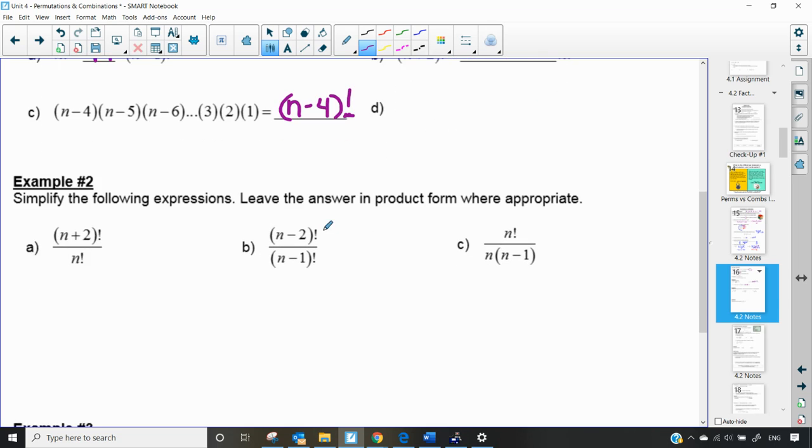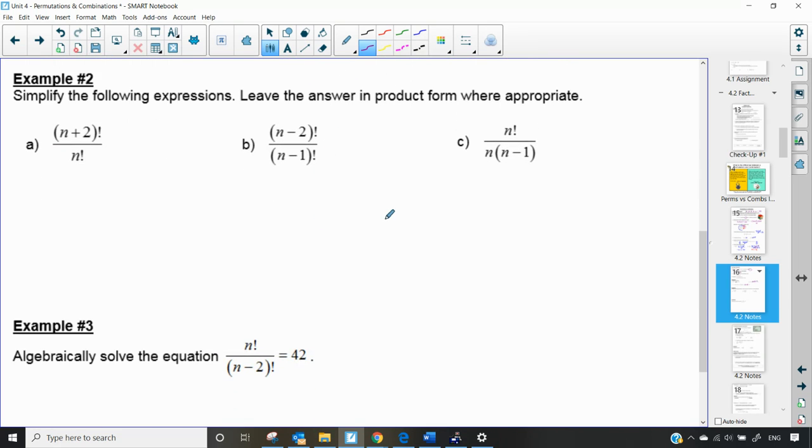So we're going to take a look at how to break these down algebraically. So the first one here, we've got n plus 2 factorial all over n factorial. So just like before, when we're breaking these down, we want to start by looking at the biggest value. So we have an n plus 2 on the top and an n on the bottom, which would be equivalent to n plus 0. So n plus 2 is going to be a bigger number than n, so that's where we're going to start.